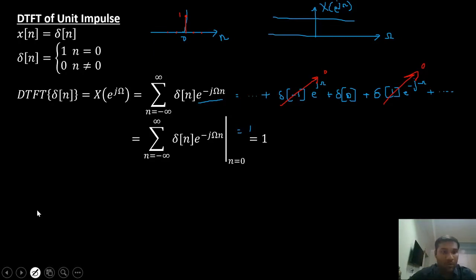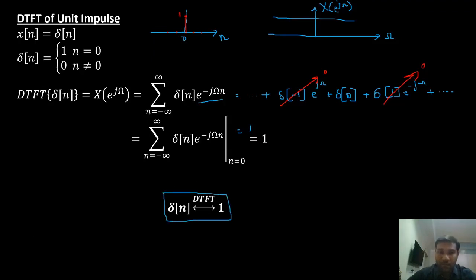So there are two ways to prove this unit impulse DTFT. One is using the sampling property. The other one, I'm just expanding the summation. That is the DTFT of unit impulse. This is the DTFT pair.